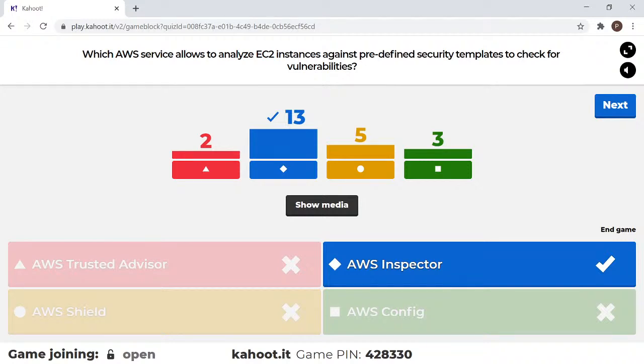AWS Shield is mainly to protect you against DDoS, and AWS Config does have different rules that you can pre-configure to check against. But for checking the vulnerabilities in an EC2 instance, AWS Inspector is the right answer.